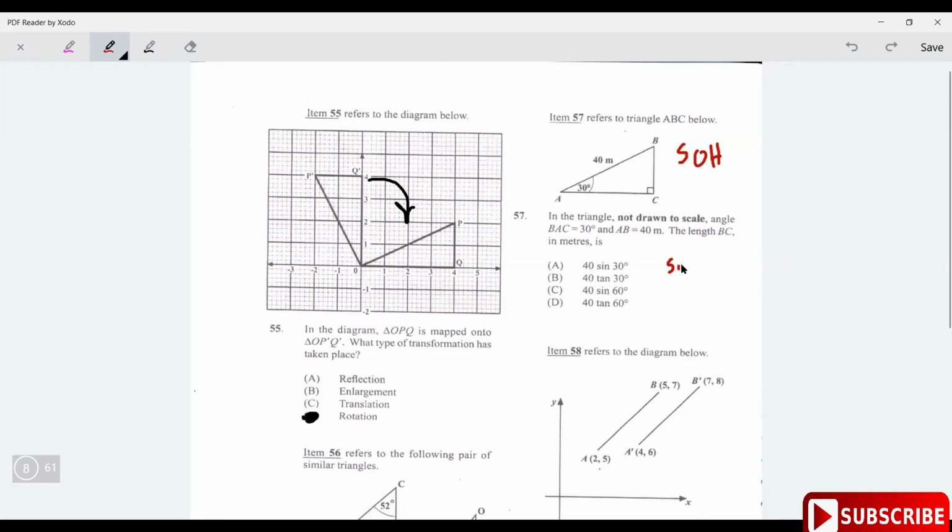So that means that the sine of 30 is equal to the opposite, which is BC, over the hypotenuse of 40. And so you would transpose to make BC the subject. And so BC is equal to 40 times the sine of 30. Easy question, and that looks like option A. Easy.